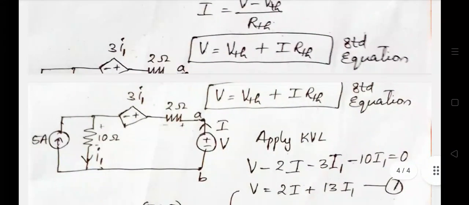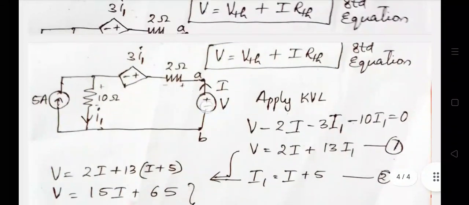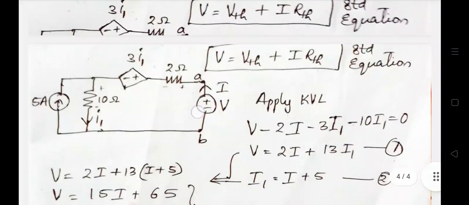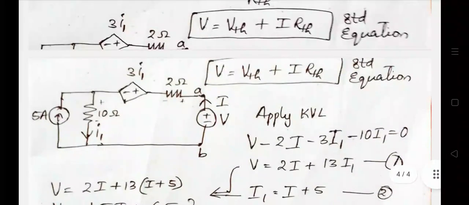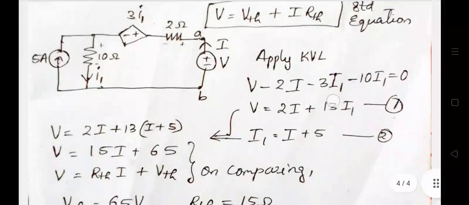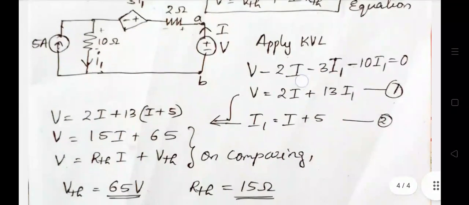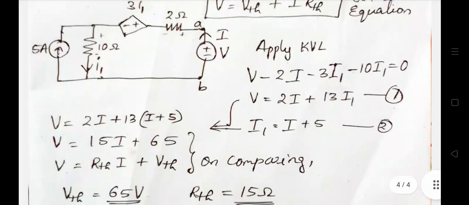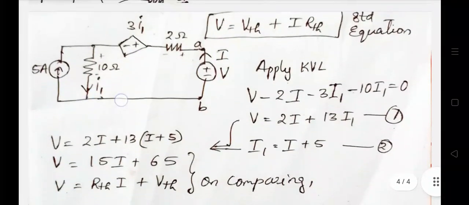Okay. Now let's draw the given network and again connect, as we already learned, a voltage source across AB and show a current flowing from this voltage source. Now let's apply KVL. While applying KVL, we get the equation V minus 2I minus 3I1 minus 10I1 equal to 0. This I1 is given in the circuit.